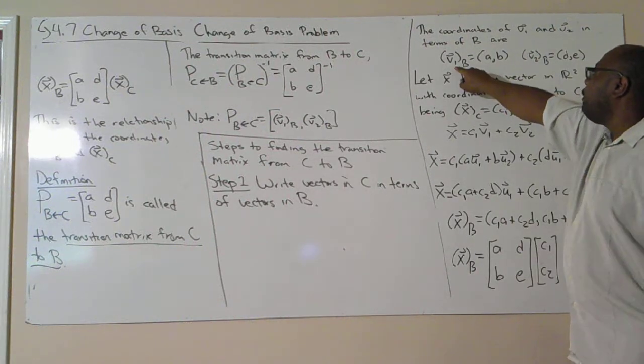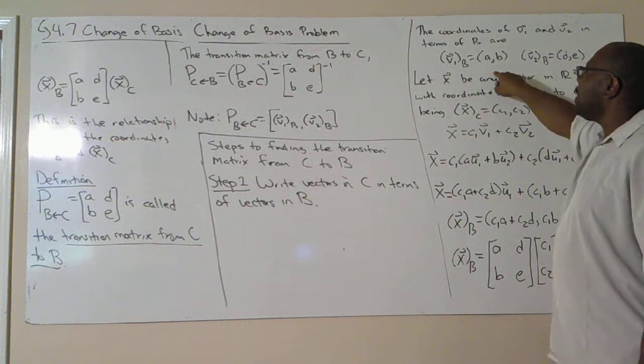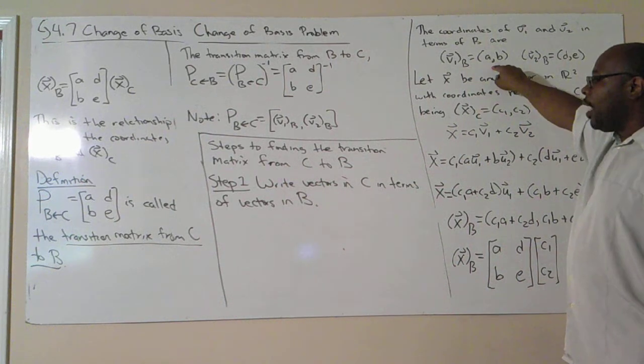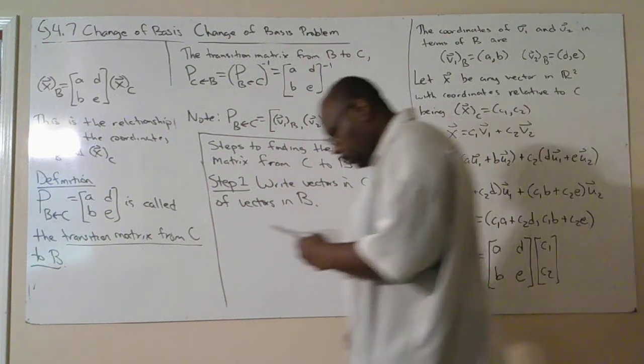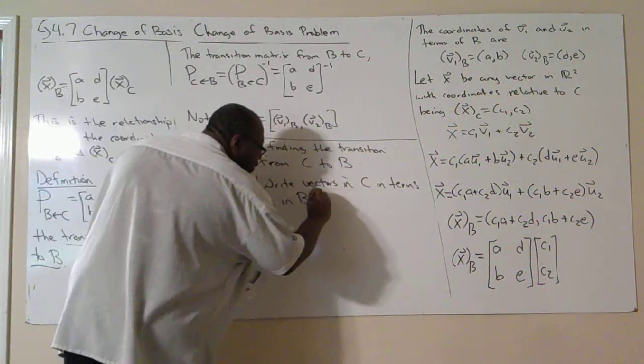We have V1 and V2 in terms of our basis B, and these are the coordinates that we have here. Find the coordinates.